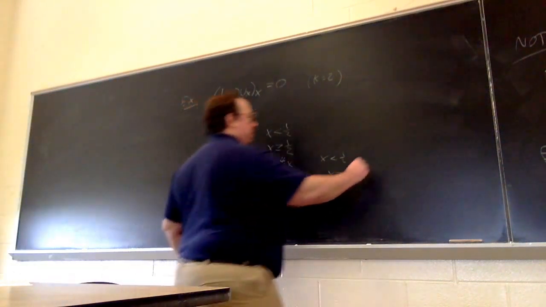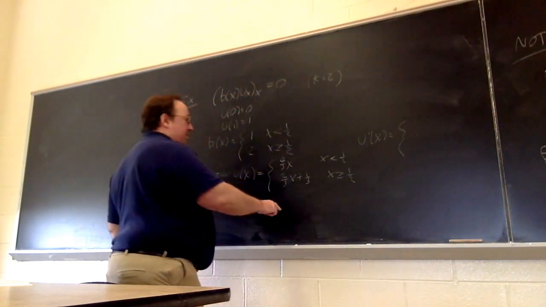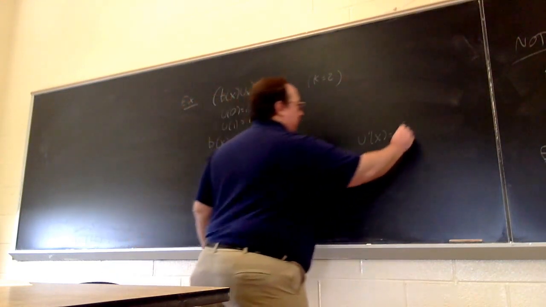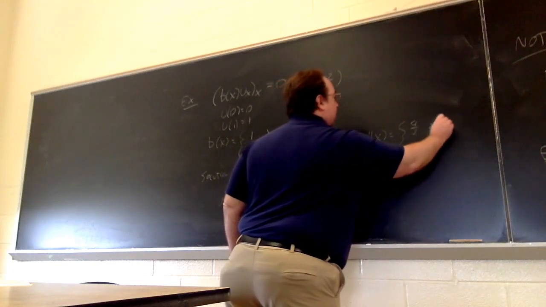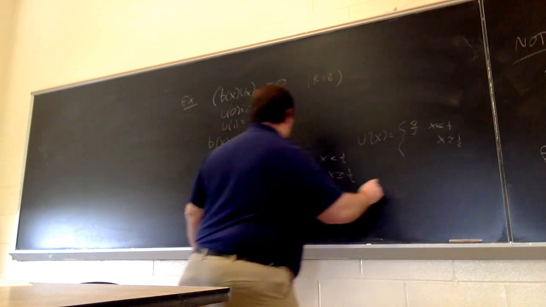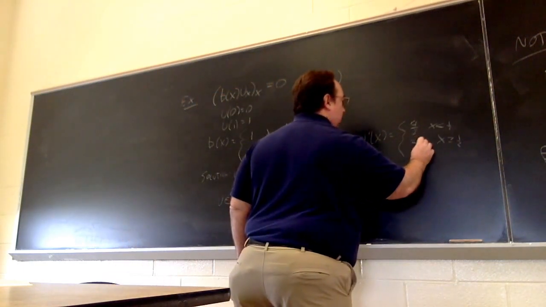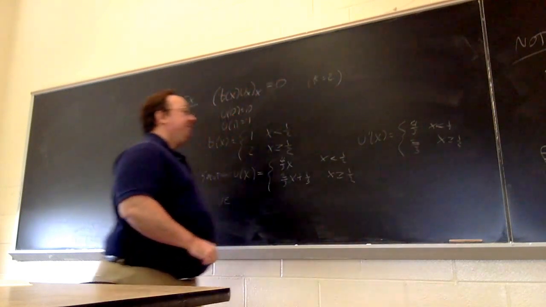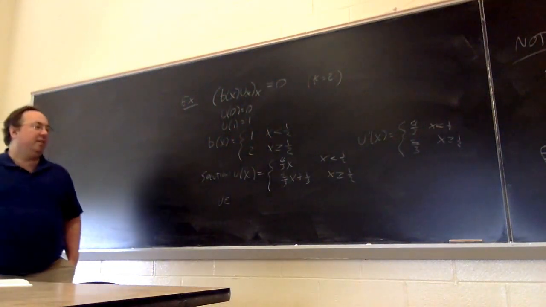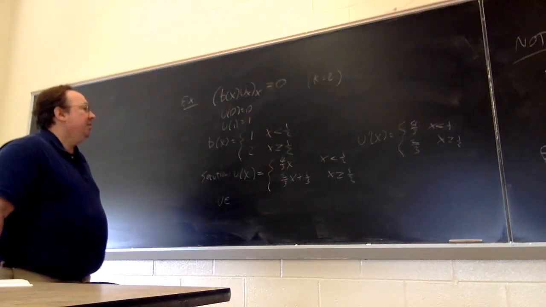But let's look at a derivative. u prime of x is equal to 4/3 in this case, and then it's equal to only 2/3 in this case.